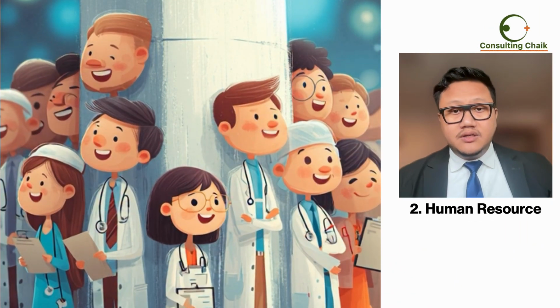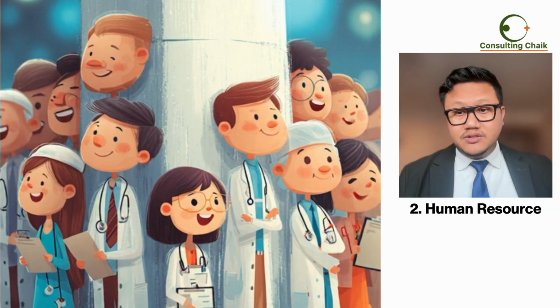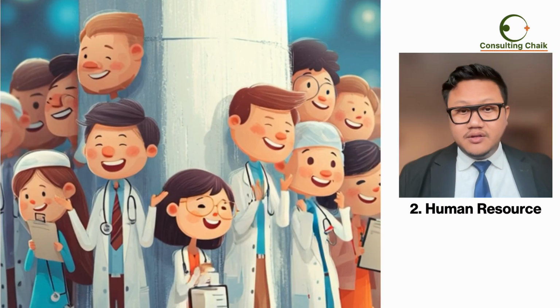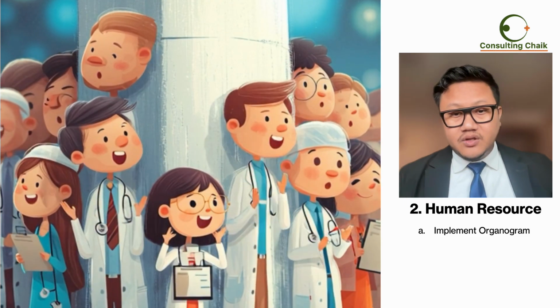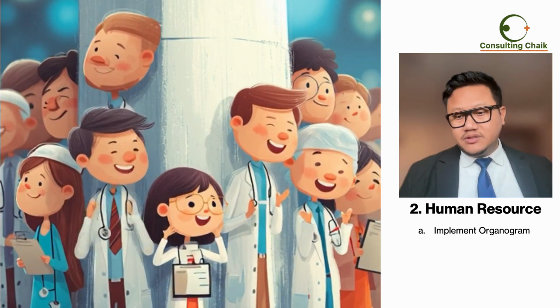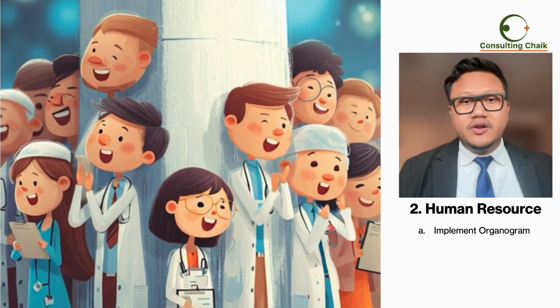Now let's talk about the first pillar of hospital management, human resource. You have to manage your human resources correctly. So the first thing, the most important thing about human resource department work is implementation of organogram.